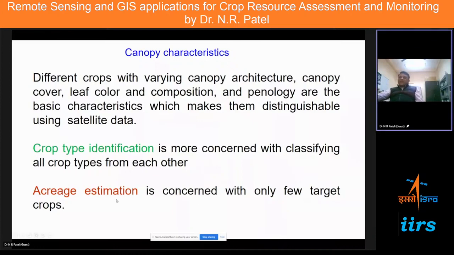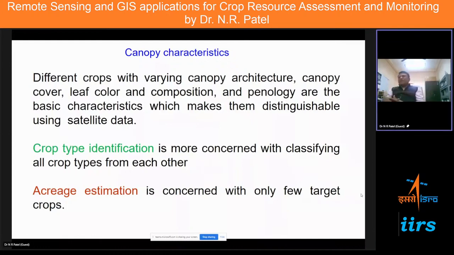But acreage estimation is concerned with only a few target crops. Suppose your interest is in acreage estimation of only the wheat crop in Bhopal district of Madhya Pradesh. Then what will you do? The acquisition time of satellite data, the ground truth campaign and other research methods, your whole methodology of acreage estimation, you will focus on the wheat crop.